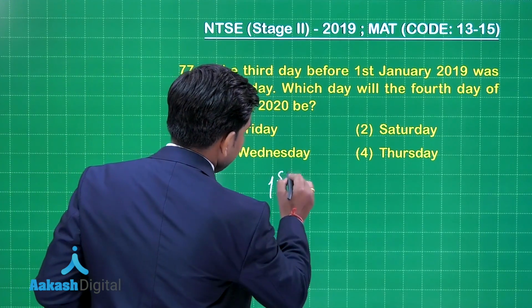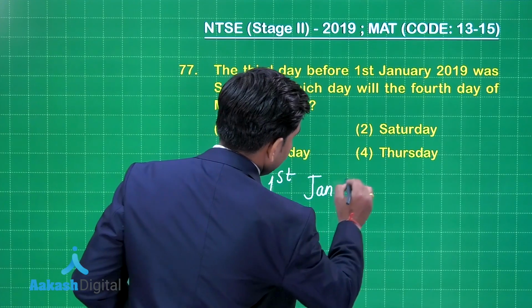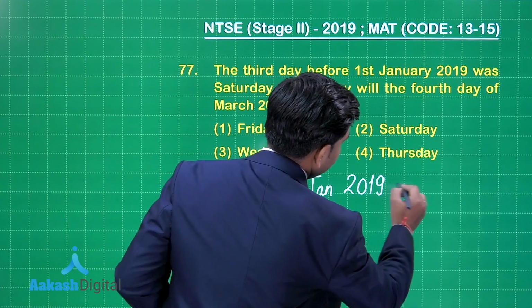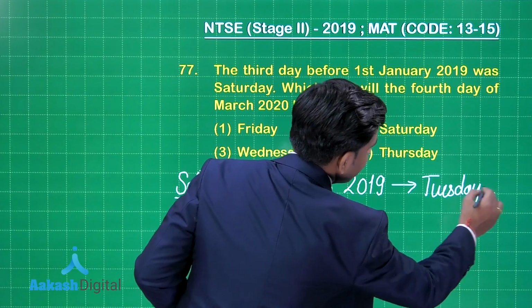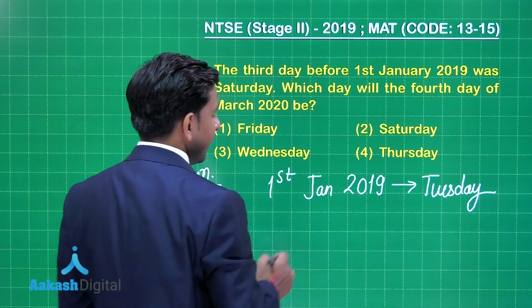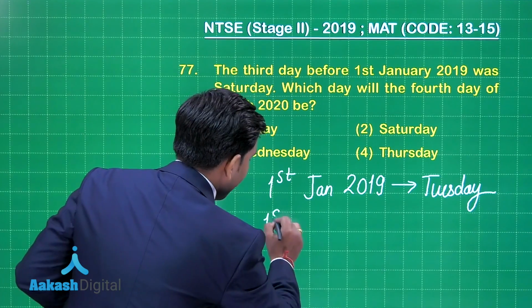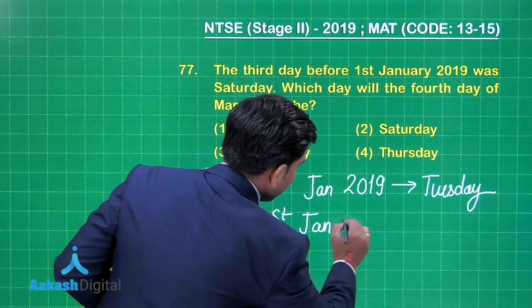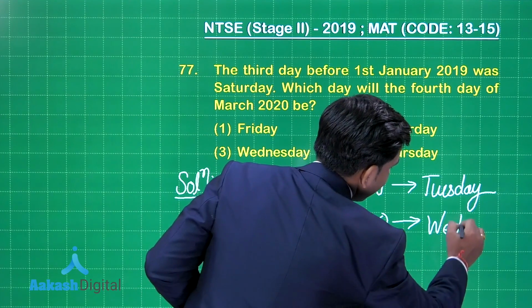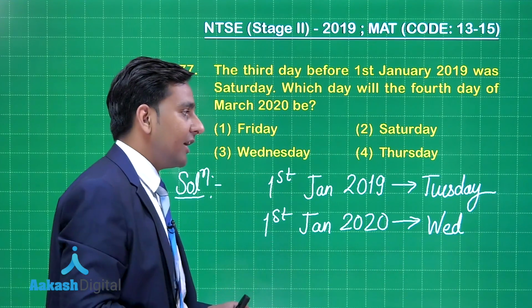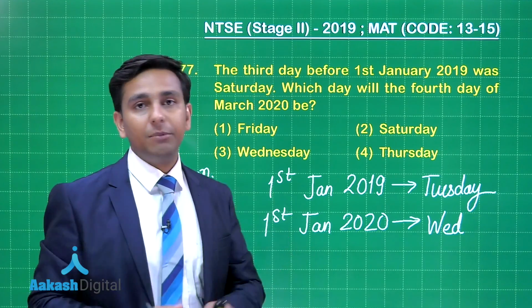The day on 1st January 2019 will be Tuesday as per the given information, and the day on 1st January 2020 will definitely be Wednesday. Why? Because we have only one odd day in a non-leap year.